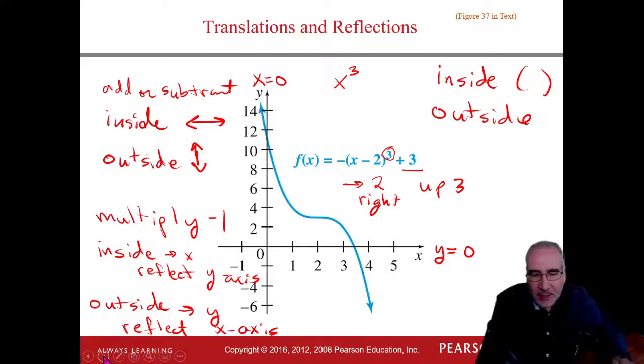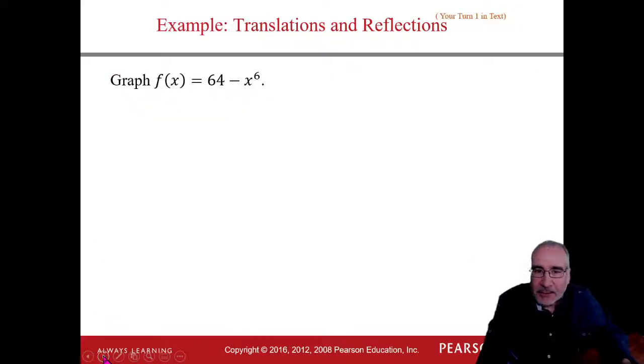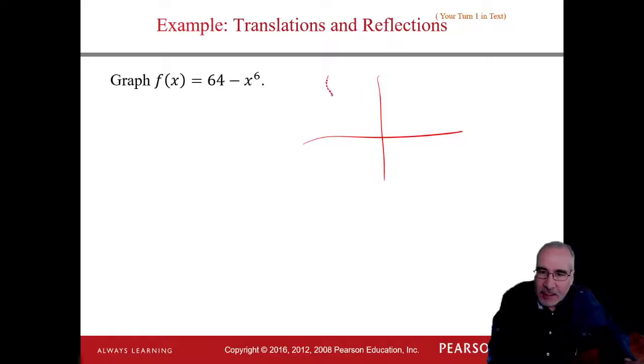We're going to see this will kind of carry through. So we're asked to graph this, and again, what we do is we start with an x to the 6th, which would again be some kind of a U shape, right?